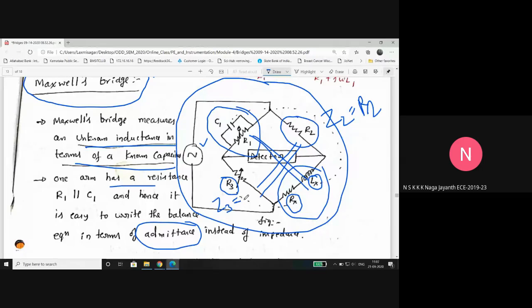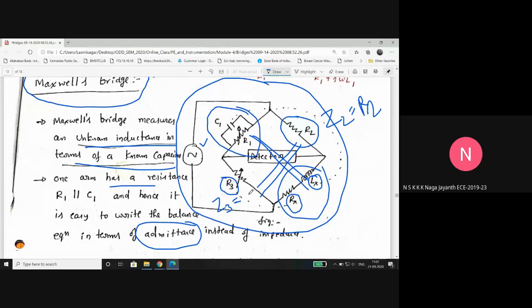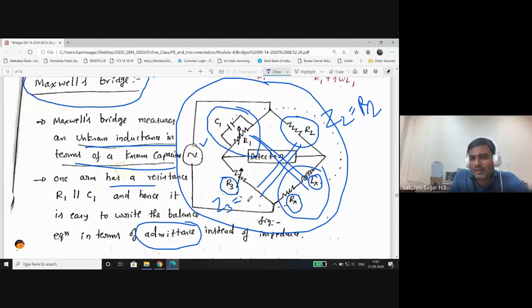Z3 is R3, because I told you it has pure resistance. So no inductance or capacitance is present in this arm of the bridge network. Now you can straight away replace Z2 and Z3 by R2 and R3.